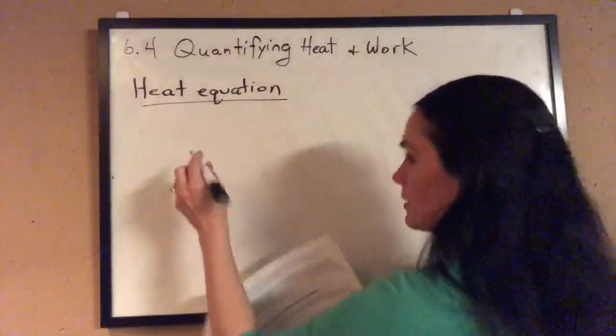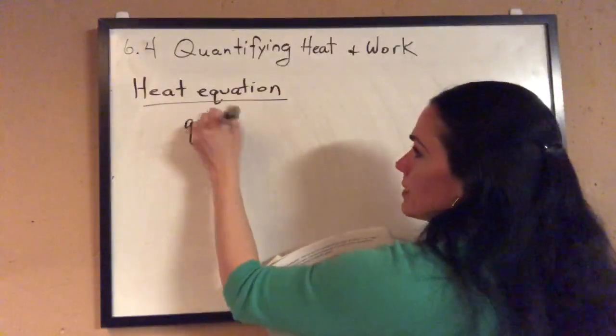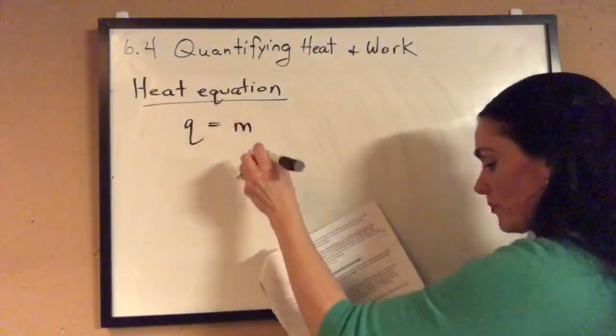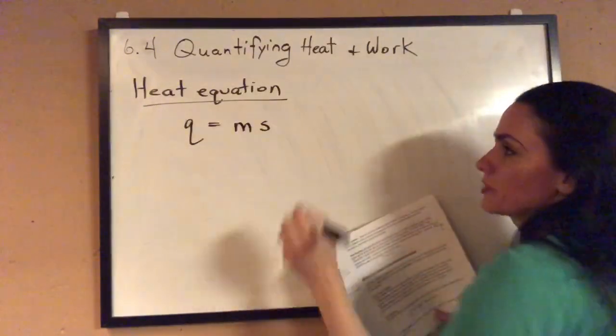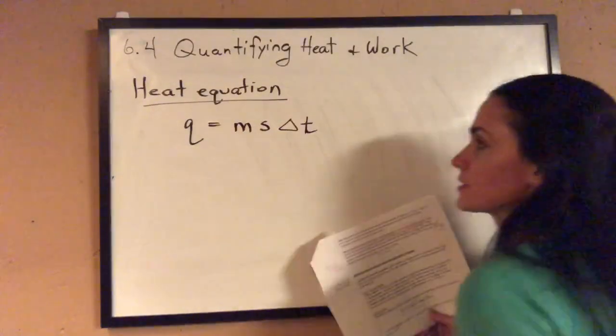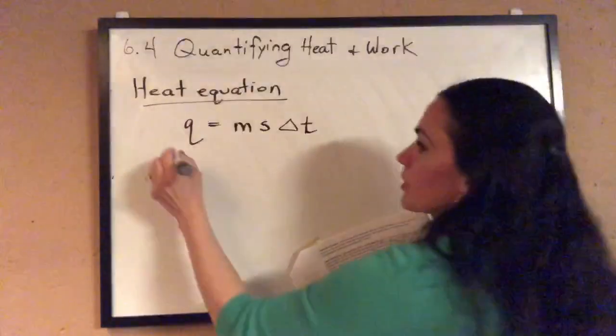We have this formula here: Q equals mass times S, representative for something called specific heat, which I'll define in a moment, times the change in temperature.